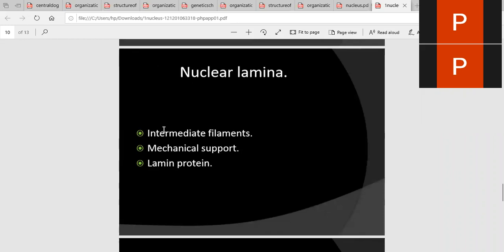Then there is the nuclear lamina, which coordinates the flow of genetic material outside, and it also provides mechanical support.